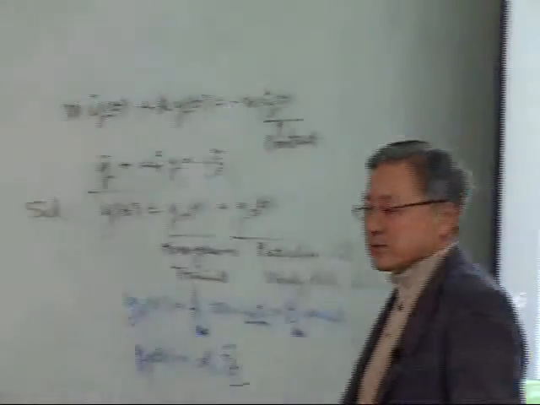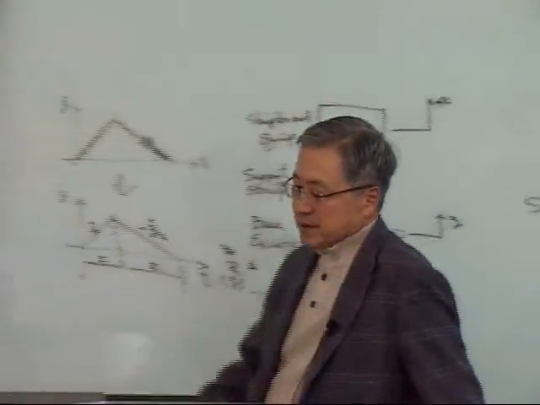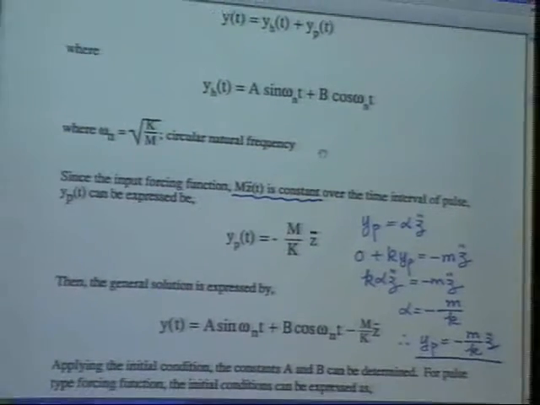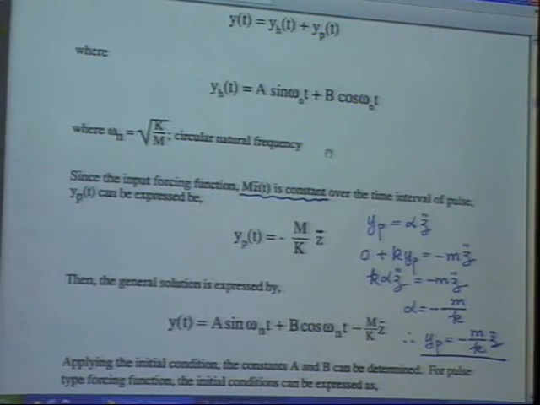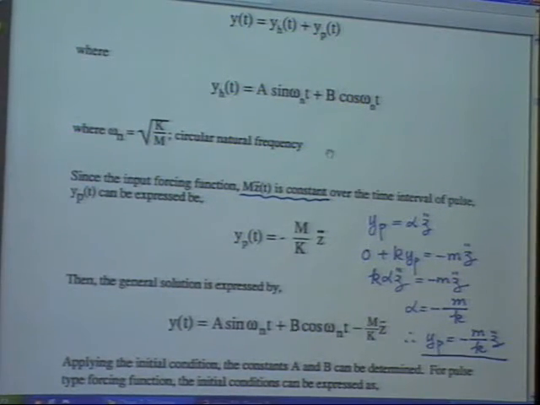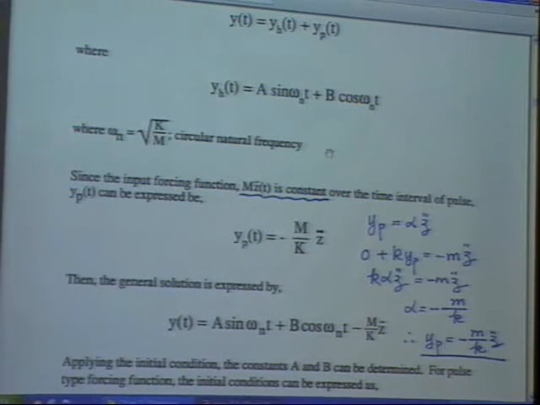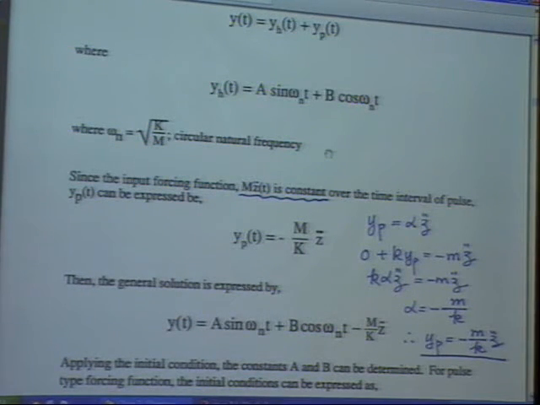When you determine the alpha, it happens to be minus m over k. Then the particular solution is minus m over k times z double dot.